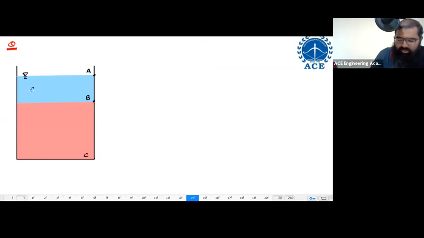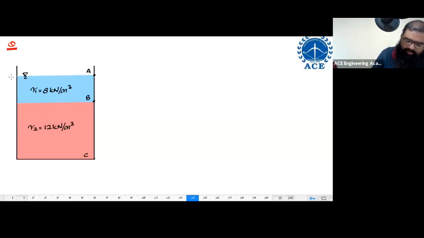Let us say gamma of the upper fluid, gamma 1, is equal to 8 kilonewton per meter cube, and gamma of the lower fluid, gamma 2, is equal to 12 kilonewton per meter cube.